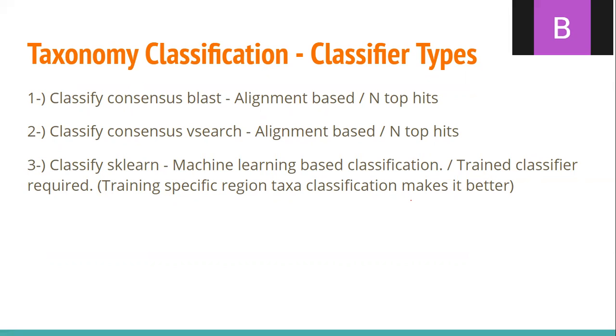There are three types of classification methods: consensus BLAST and consensus VSEARCH are the alignment-based classification methods, basically end-to-end hits used for classification referred to a database. And the third option here is the sklearn option. The sklearn method is based on machine learning classification. For this classification method, you need a trained classifier. This method is used in my experiment, the PD experiment, by the way.